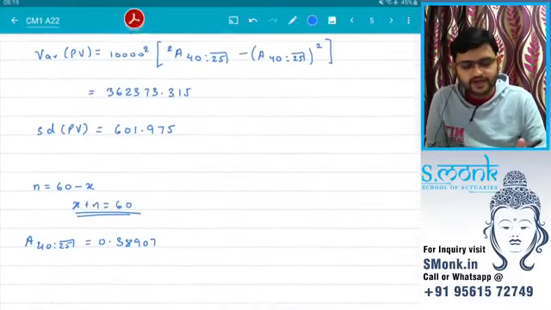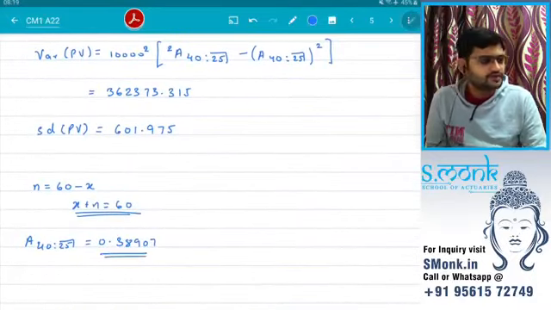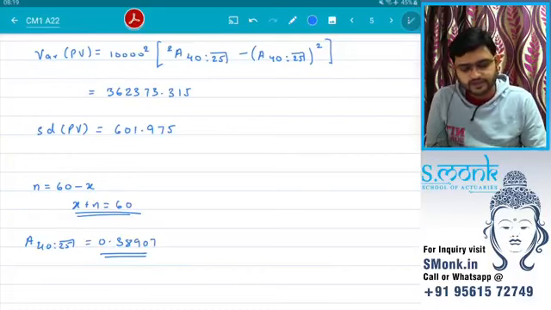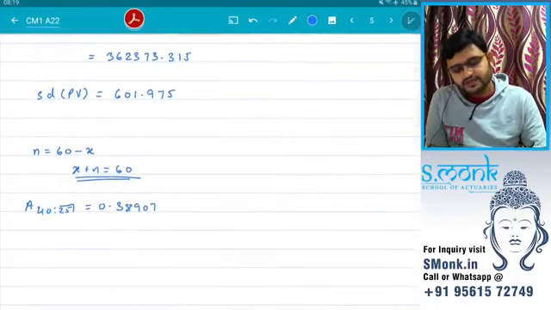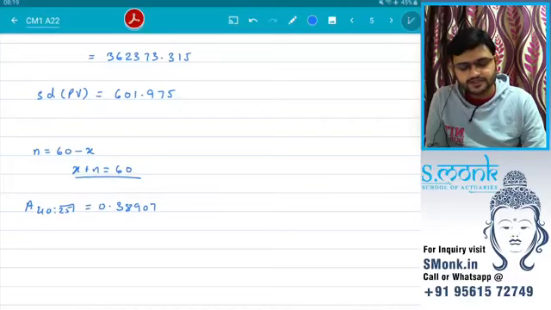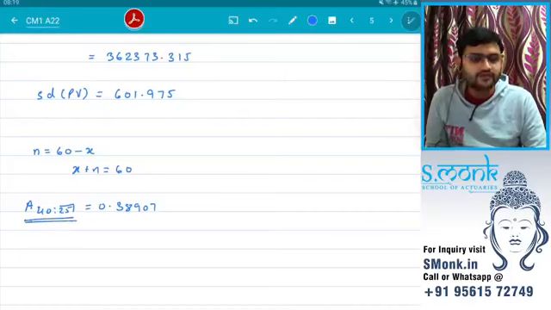So you could have directly taken this value from here. In case of x plus n being 60 or 65, we have tables where we can directly find the endowment value.